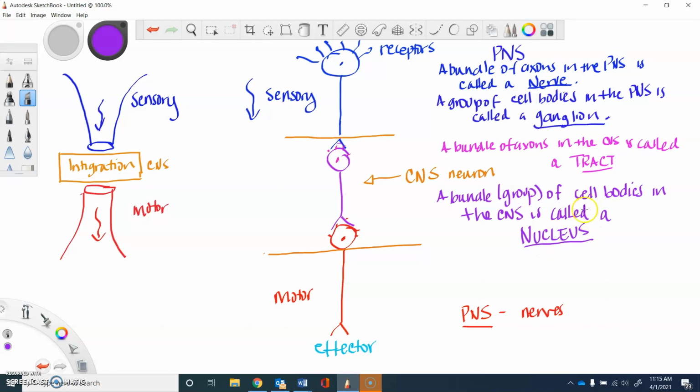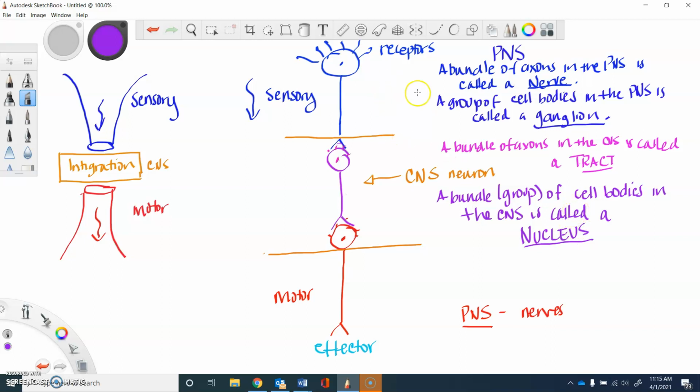I know that's confusing, but that's what it's called. Okay. In the PNS, the group of cell bodies is a ganglion. Many groups of cell bodies are ganglia. And in the central nervous system, a group of cell bodies is a nucleus. And several groups of cell bodies is nuclei.